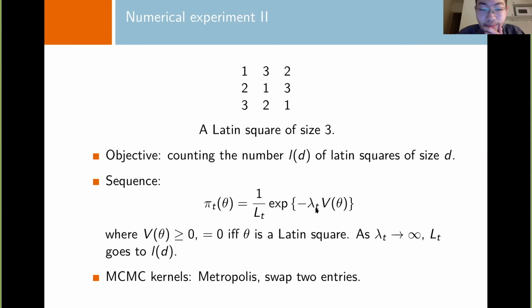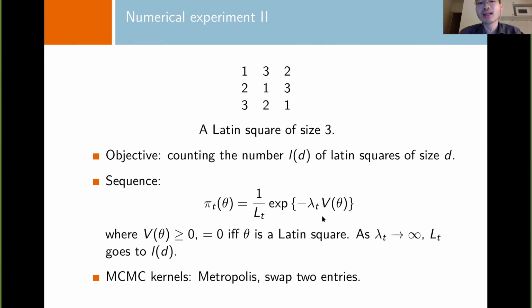The main feature of this tempering sequence is that if lambda t is about 0, is very small, then you have kind of a uniform distribution over all the squares. And as lambda t becomes larger and larger, the distribution tends to the uniform distribution on the Latin squares. So by this sequence, you can calculate what is called the normalizing constant. In this case, it boils down to the number of Latin squares.